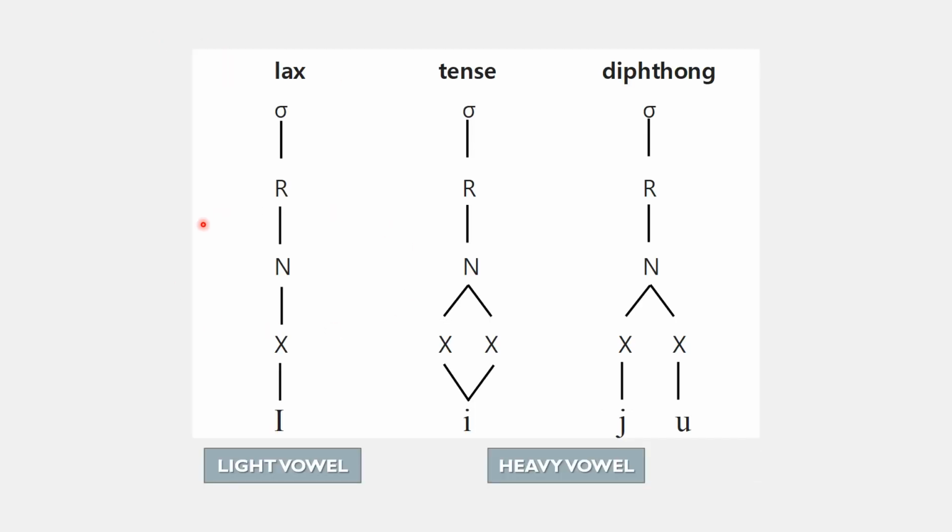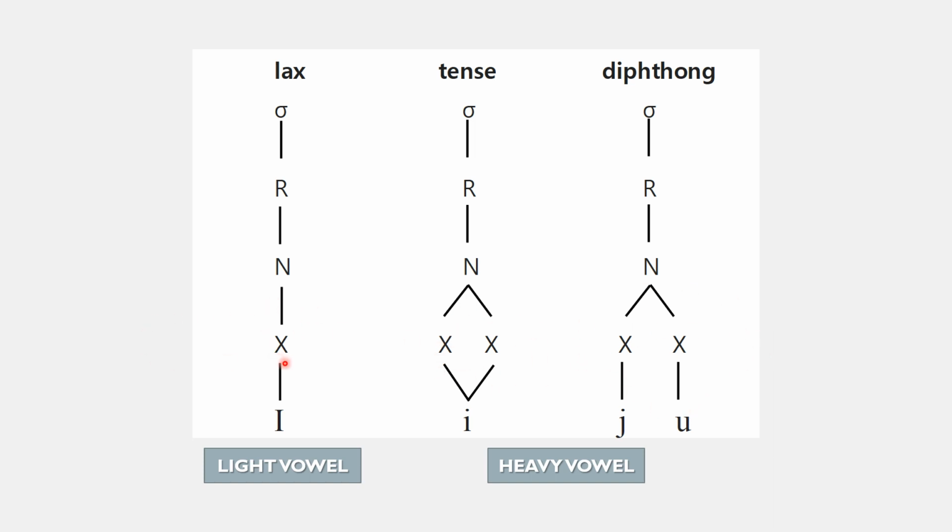The quantity of a sound segment is expressed by measuring the timing in the timing tier or the X tier. In these examples, it can be seen that the lax E and the tense E differ in terms of X quantity. Meanwhile, the tense E and the diphthong U are very close in terms of tenseness since both have two X values or two X quantity.